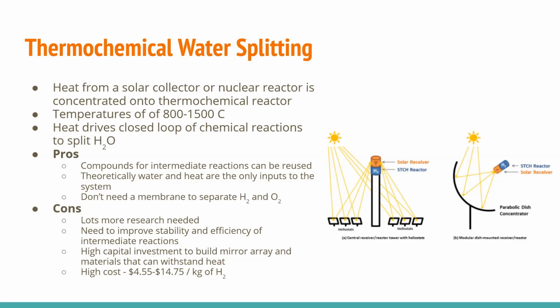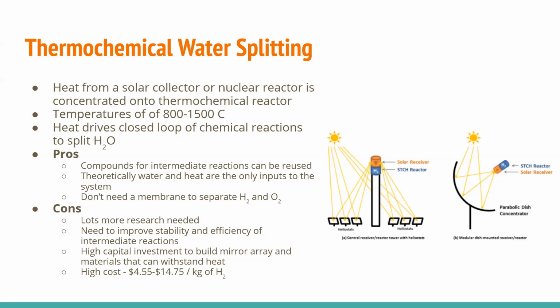I think I found something like 5 or 6 of the most promising out of so many different potential methods to do this, but it's definitely something that's been done more on a research scale, not a production scale. So one of the factors they're worrying about is improving the stability and efficiency of the intermediate reactions, the reactions that you do between water and hydrogen and oxygen.